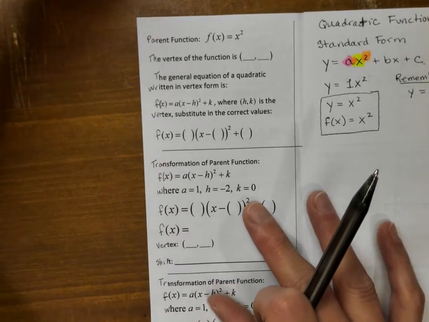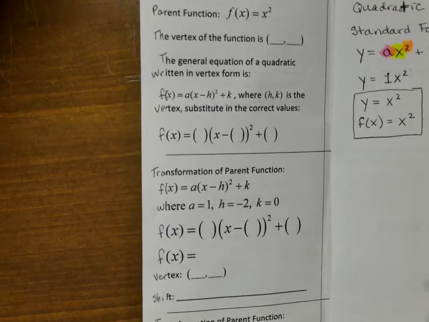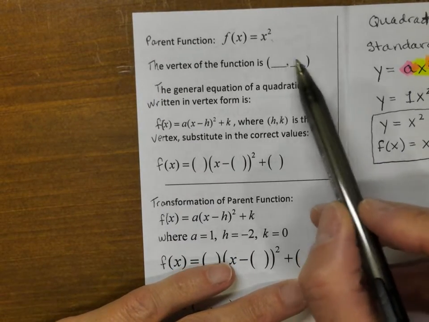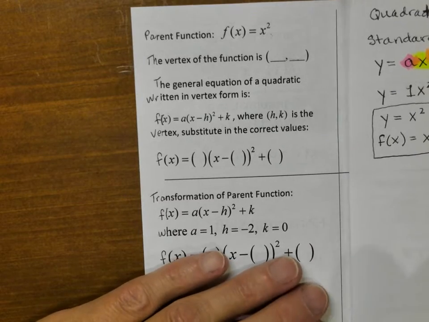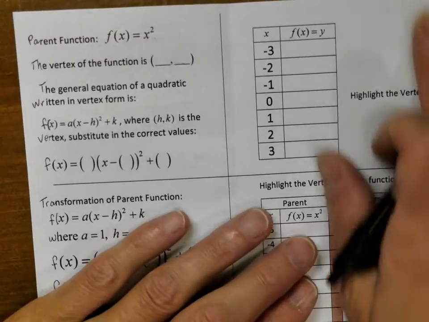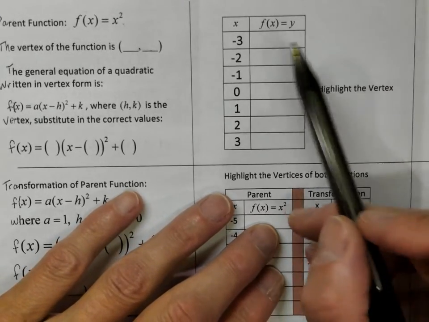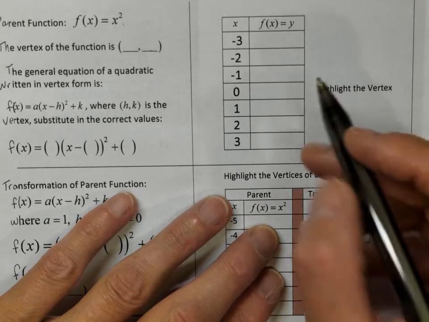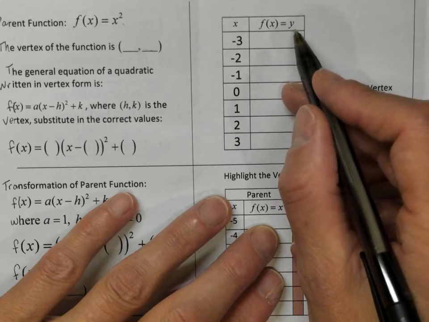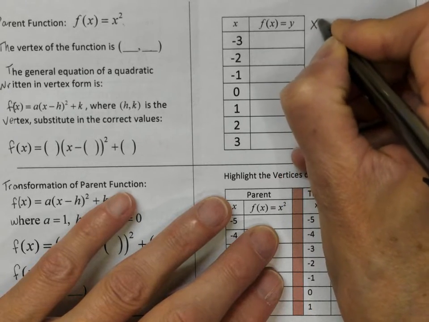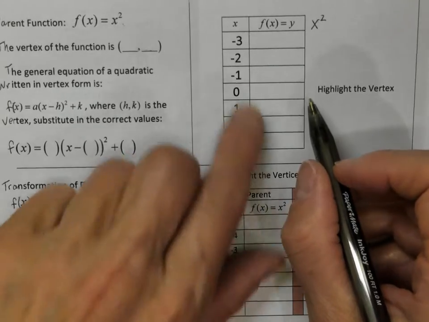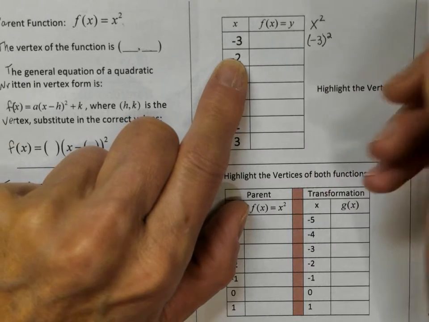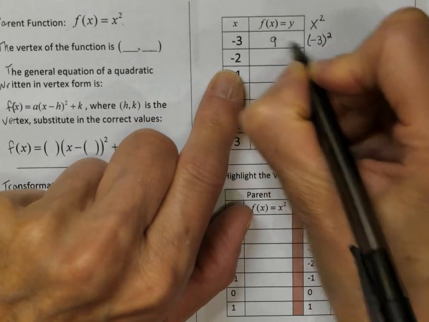Looking just at the parent function, let's make sure that we know what that parent function is. We're going to come back and fill this out in a minute. Let's start with our table and then our graph, and then we'll come back. Remember that my function is y equals x squared, so we have to square the inputs. Negative 3 squared gives us 9.